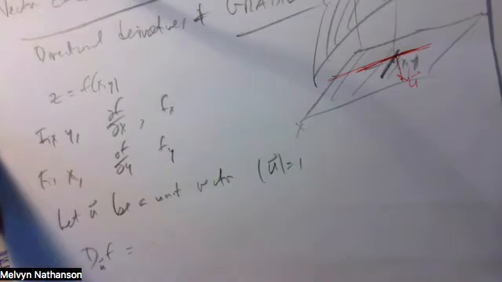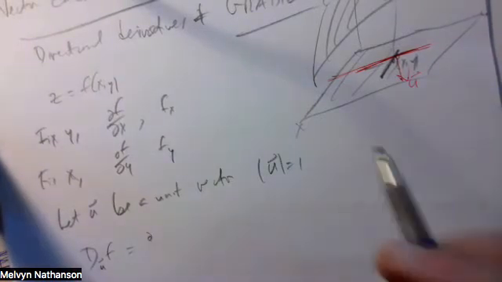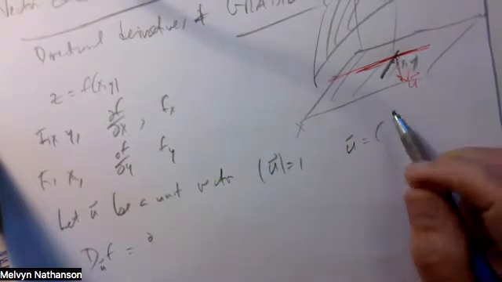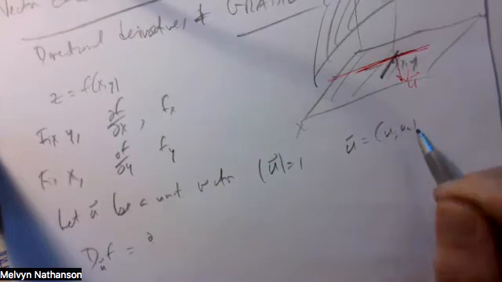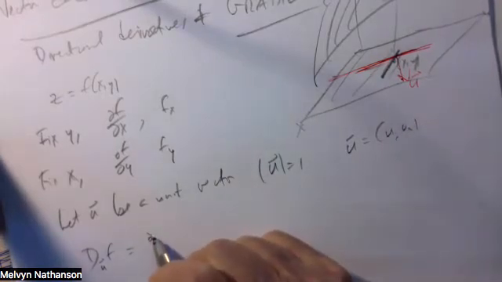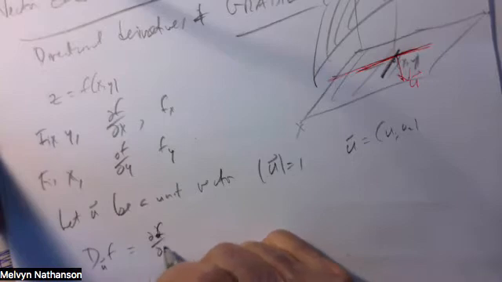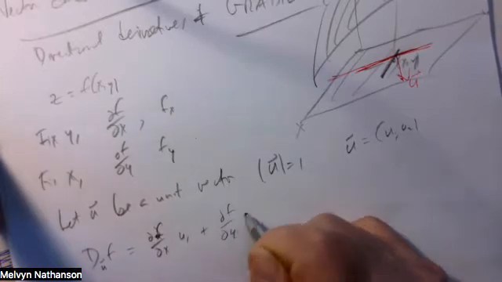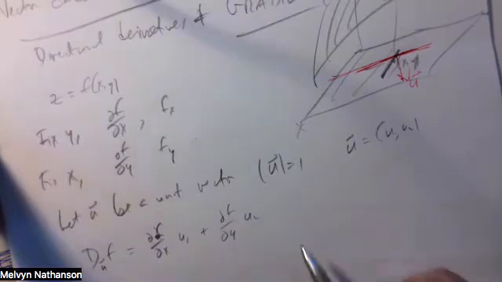And we saw that this is exactly, if we let u have components, say u1 and u2, the partial of f with respect to x times u1 plus the partial of f with respect to y times u2.